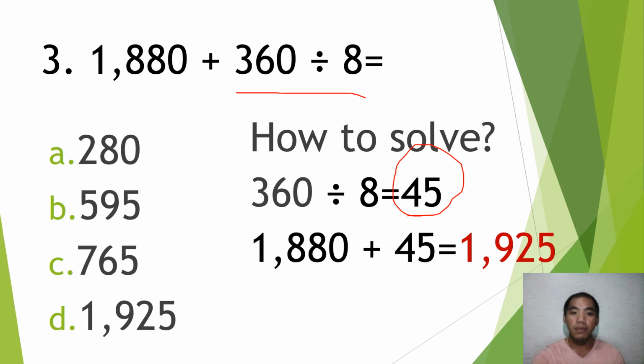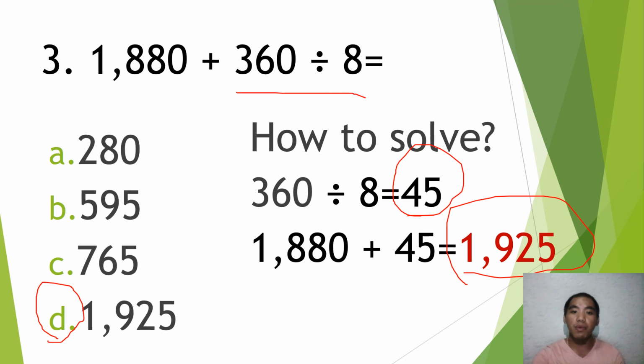And then proceed to addition. So 1880 plus 45 is equal to 1925. If you are going to locate that on our choices over here, the answer is on letter B.